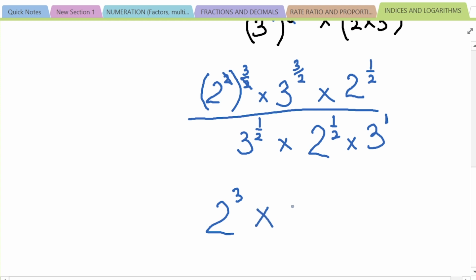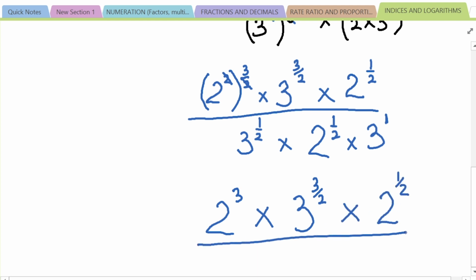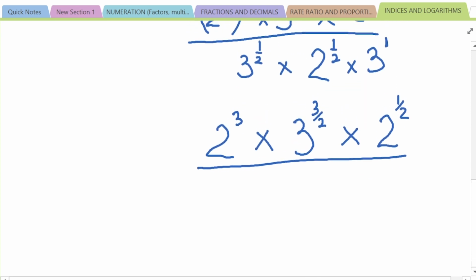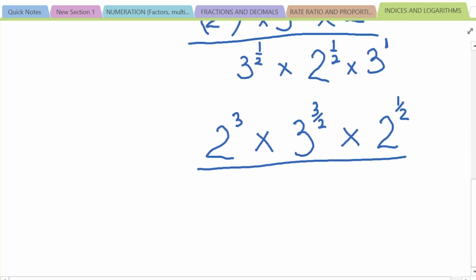Multiply that by 3 to the power 3 over 2. Multiply that by 2 to the power a half. Divide that by, of course here we have 3 to the power a half and the rest. Let's combine like terms. We have 3 to the power a half. Multiply that by 3 to the power 1. Multiply that by 2 to the power a half, like that.